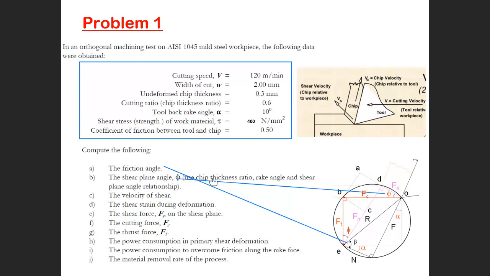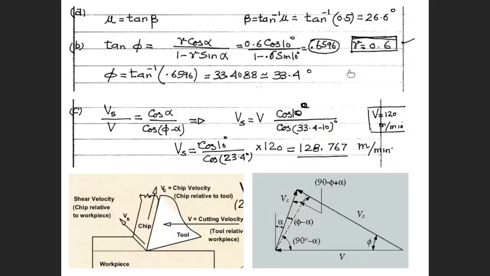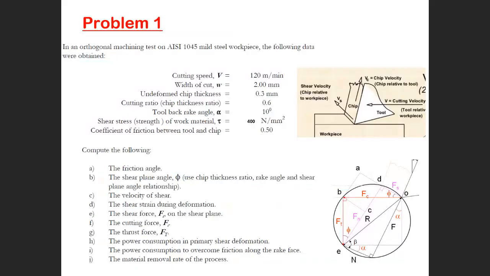But he said to use the chip thickness ratio equation. Then we can use the equation tan phi equal to r cosine alpha divided by 1 minus r sine alpha. In this way you can obtain phi, the shear plane angle.